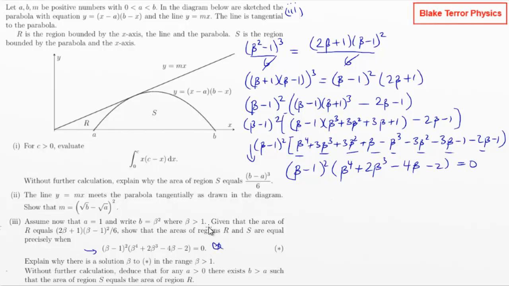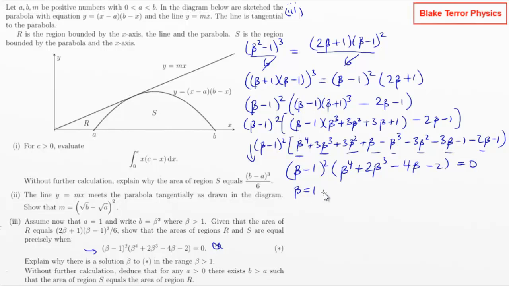All right, explain why there is a solution beta to this equation in the range beta greater than 1. So if beta's greater than 1, we're not getting the solution from the first bracket. So this thing's always going to be positive. And, well, I suppose all we have to do is show that it's changed sign.